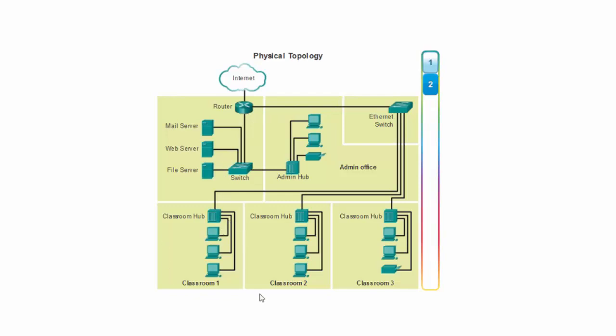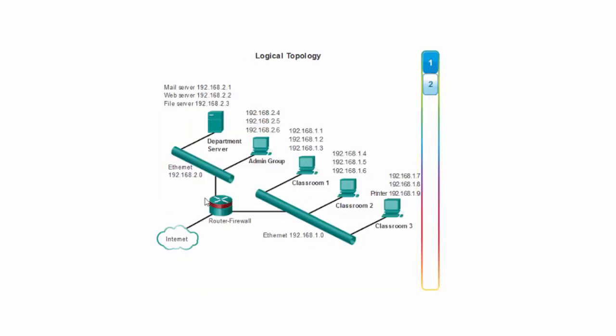That's why these classrooms are represented using one machine in the logical topology, and all the machines that are connected to a switch are represented using a bus, to symbolize the fact that they all share the medium, or the switch, in that case using technology like Ethernet. So the logical topology is the type of topology that identifies and determines the access technology used.